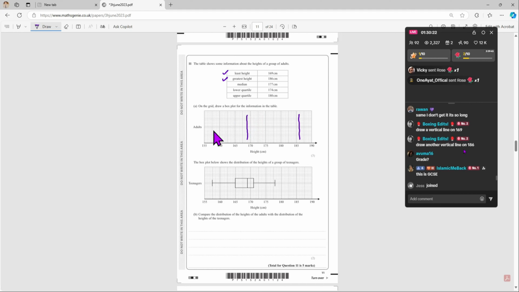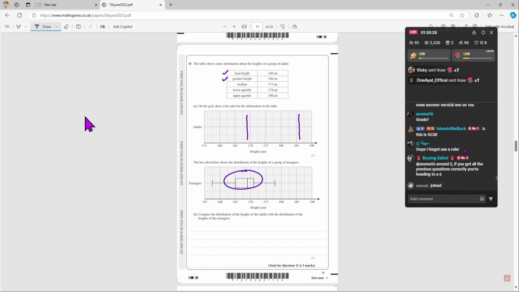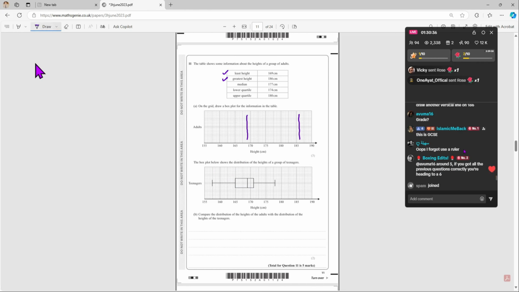Now, once we have done that, we have to draw our box. This box over here, how do we draw it? In the chat, are you familiar with how to draw box plots?